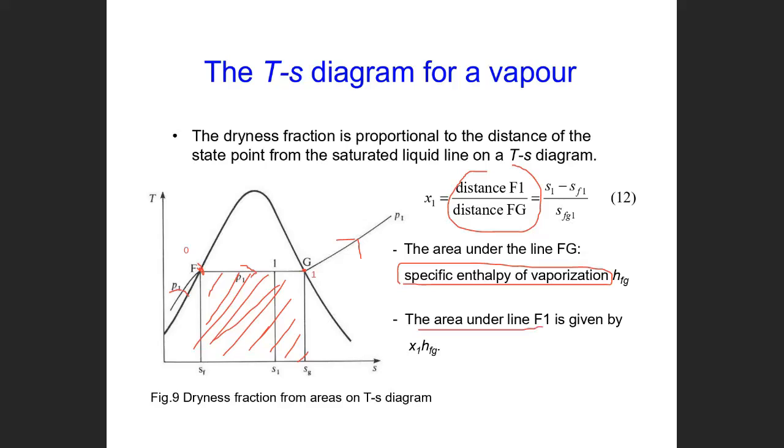And the area under line 1f is given by the dryness fraction times the specific enthalpy. It's very interesting to understand the temperature-entropy diagram, because on it we can observe the heating process or cooling process, since it can represent the heat flow easily, for a heating process or for a cooling process.